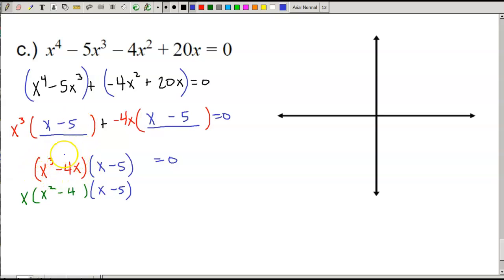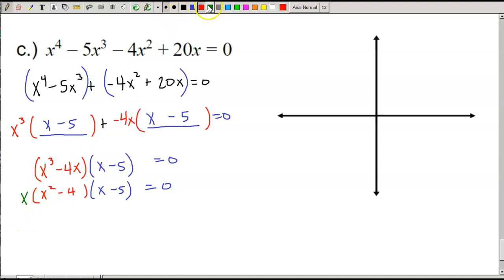Now that I got to this red part, I can see, oh, from this red part I can pull out the x. So I'm still okay in the problem. Okay, so this is still equal to 0, but again, what can we do with the x squared minus 4? We can factor that. x squared minus 4 is the difference of two squares.